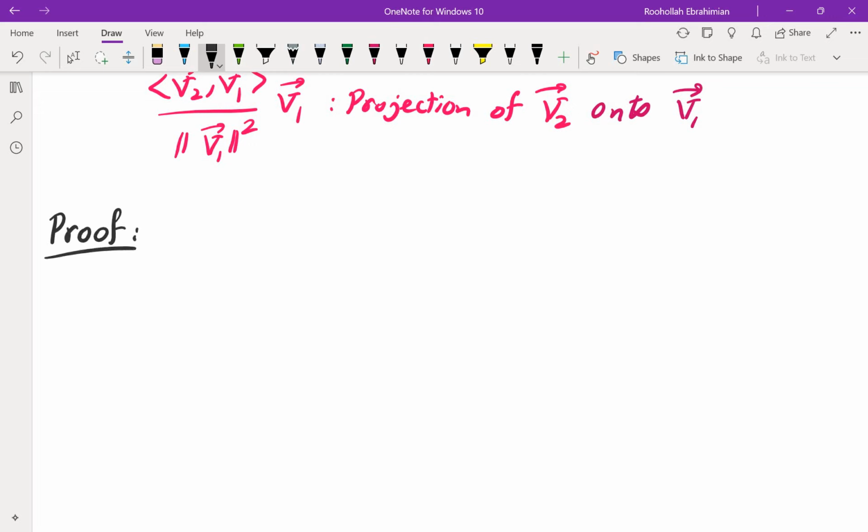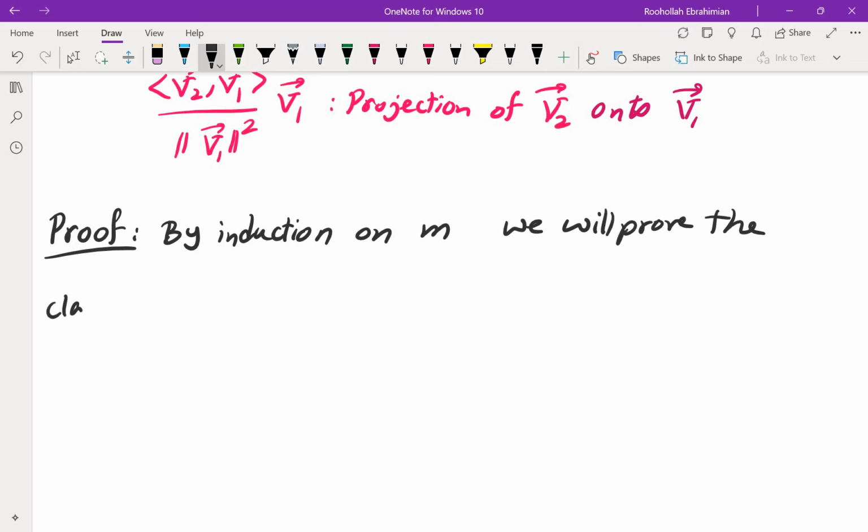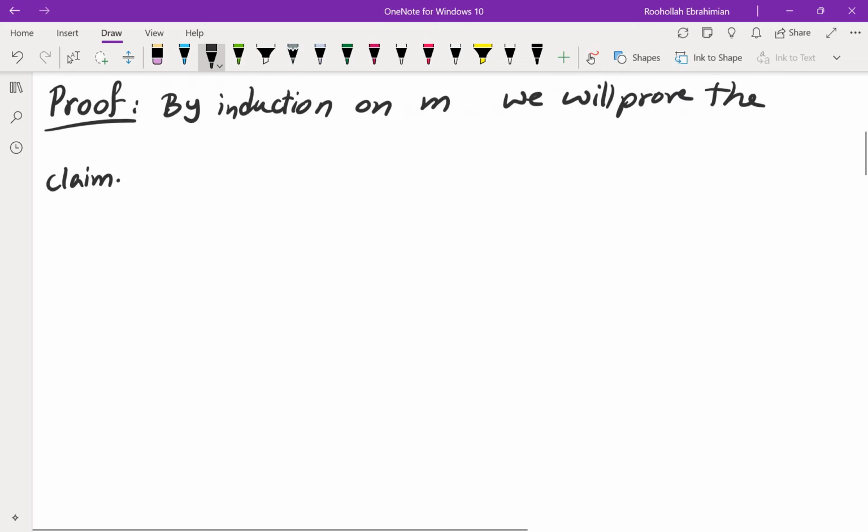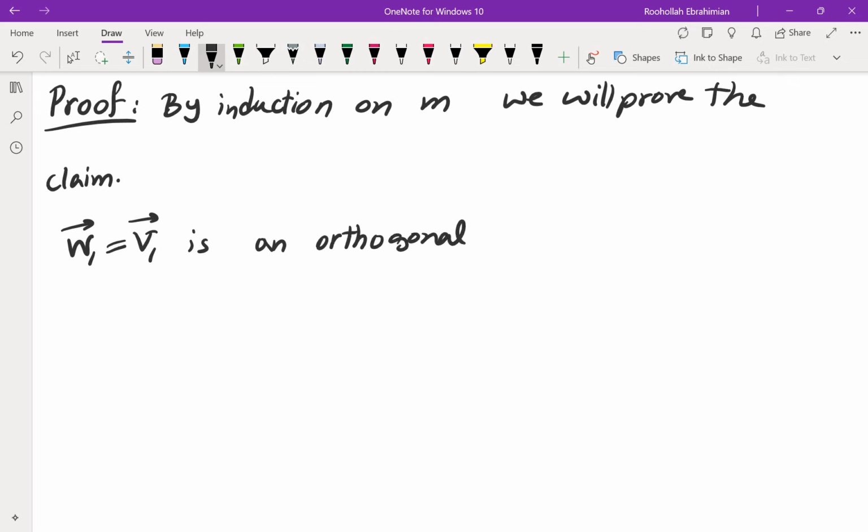The proof is by induction on m. For m equals 1, w1 equals v1, and this is clearly an orthogonal basis for the span of v1 because it's just the same vector.